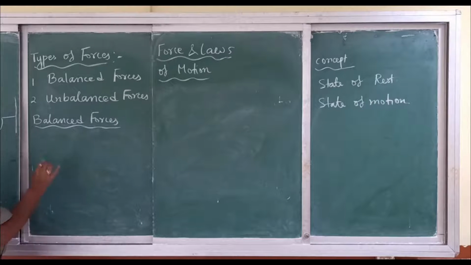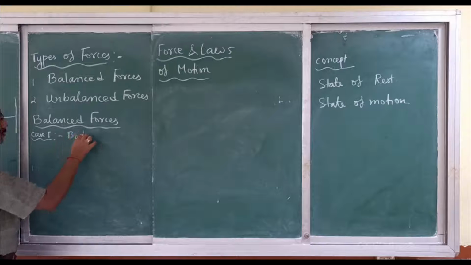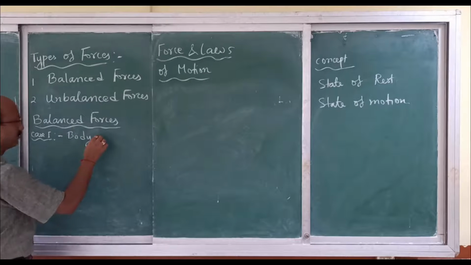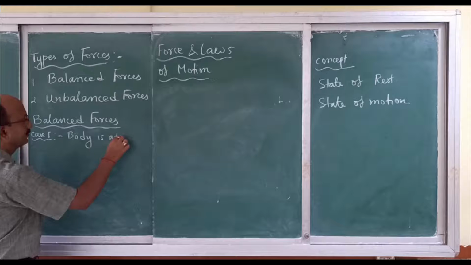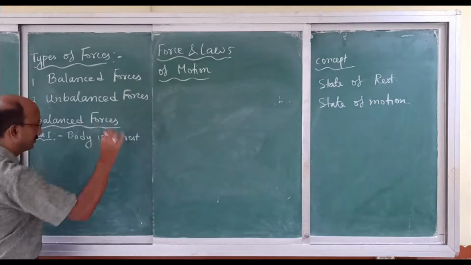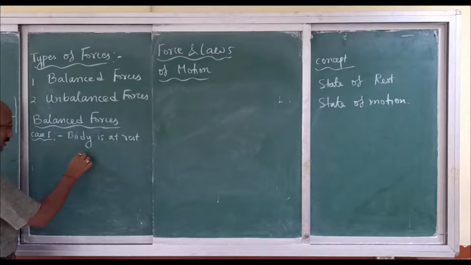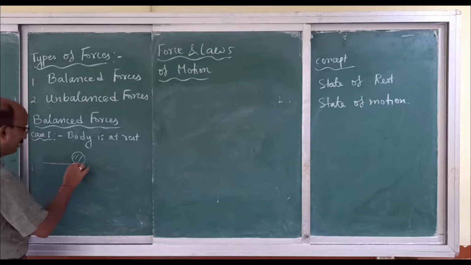Now we'll take two cases. Case 1, to understand balanced forces. Now the body is at rest. So we have taken one object which is at rest. It is lying on the ground.